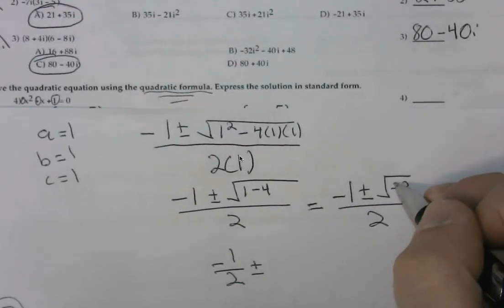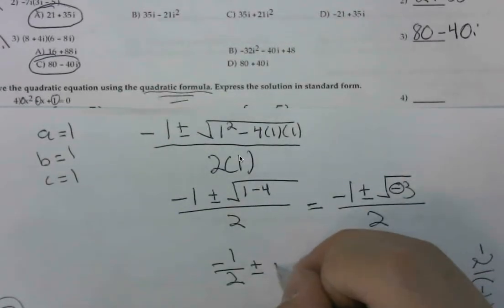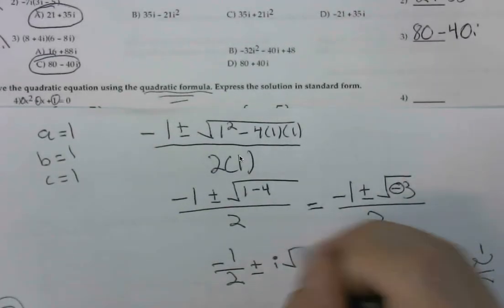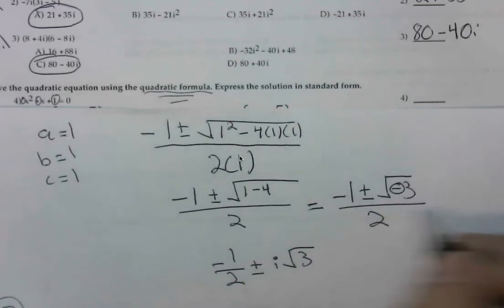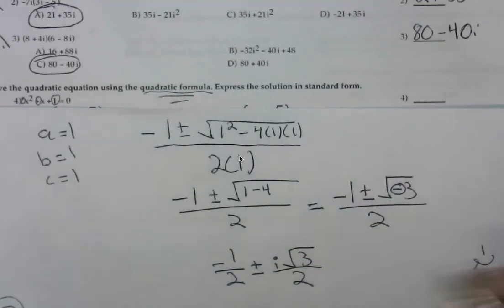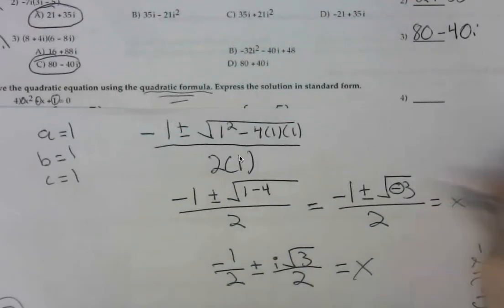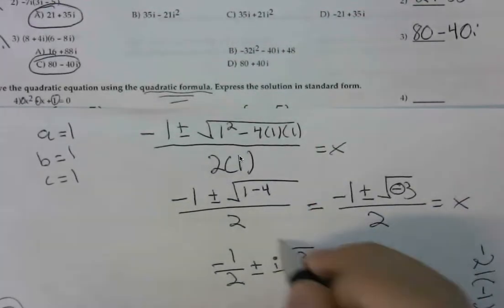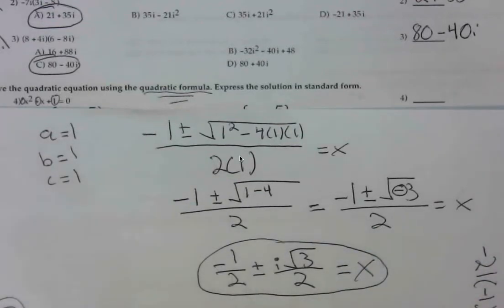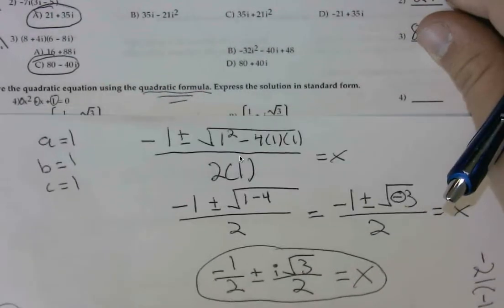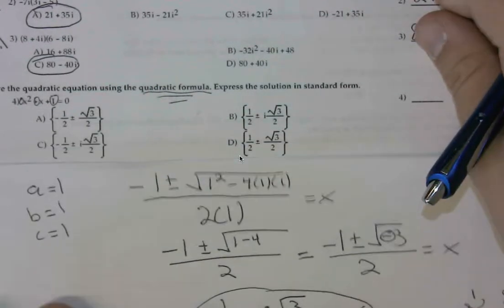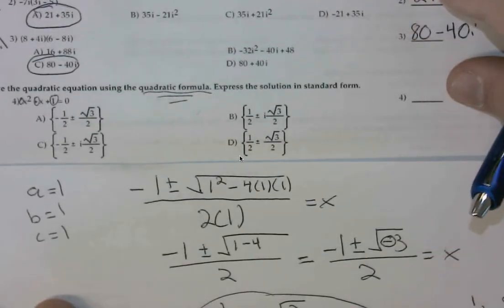I don't like having this negative, so let's take i out for a little spin. Put that in front of root 3. Remember, it's all dividing by 2. And this is what x is going to equal. So we're looking for the option that has negative 1/2 plus or minus i root 3 over 2. Best option is going to be C.